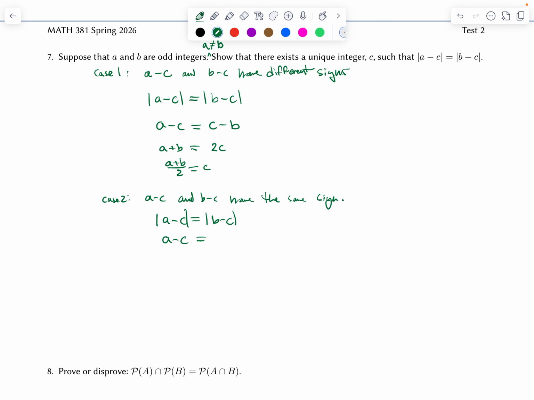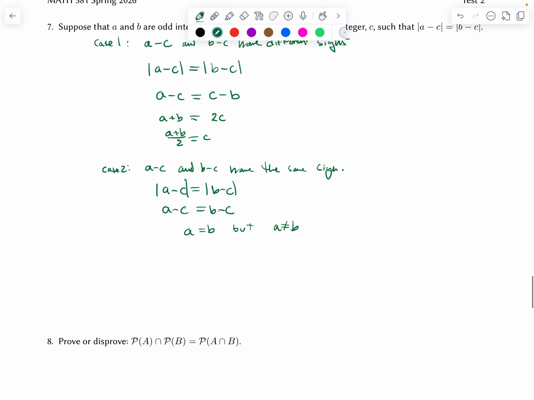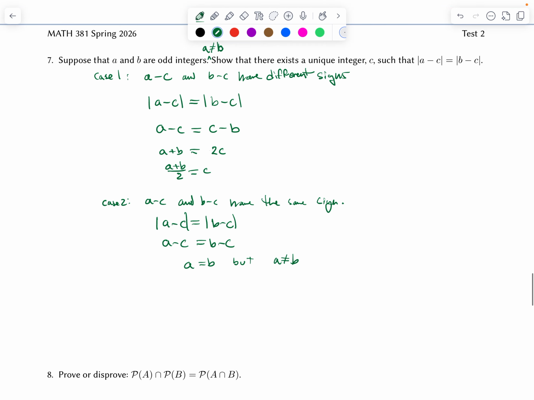If they're the same sign, then they'll either both be positive or both negative, and that will be true there, which means that when you add c to both sides, you get a equals b, but a doesn't equal b. So case 2 is impossible. So let's focus on case 1.